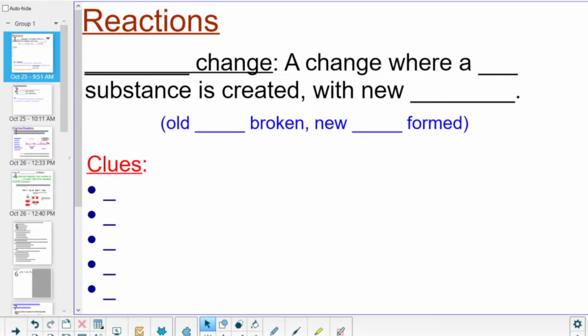Okay, if you could put the worksheets away, take out the notes I just handed out. Let's do some chemistry and I'm going to do some demos. That needs work.